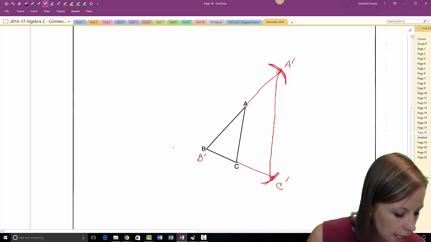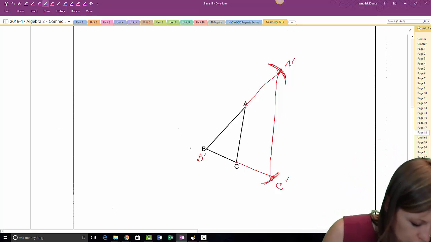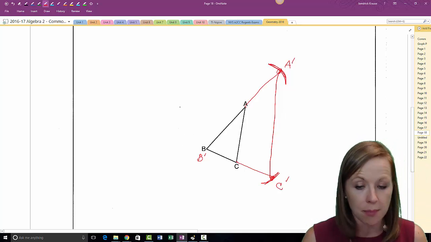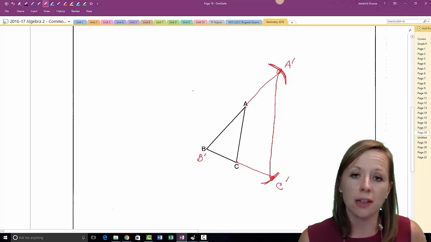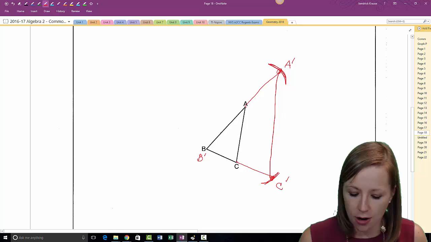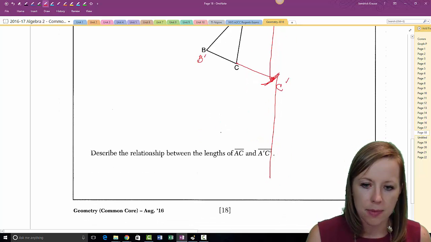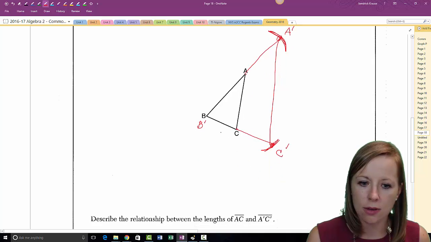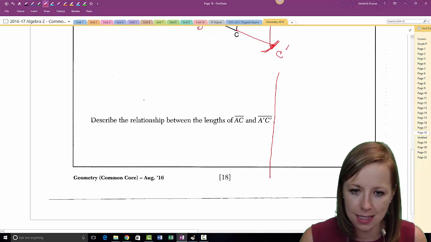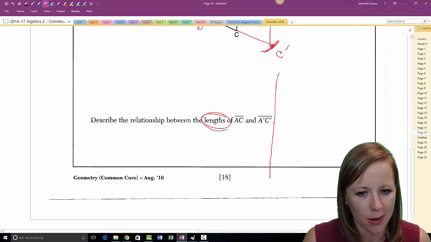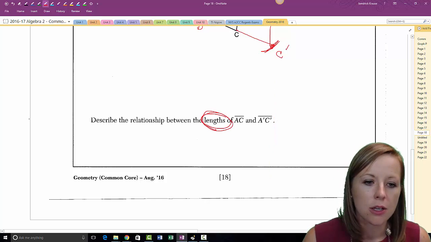Now it says describe the relationship between the lengths of AC and A prime C prime. Well, they're parallel. Great. But the question is about the relationship between the lengths, so just saying they're parallel isn't about the length.